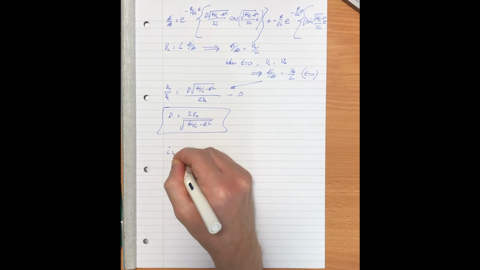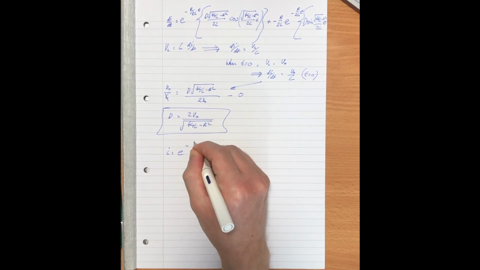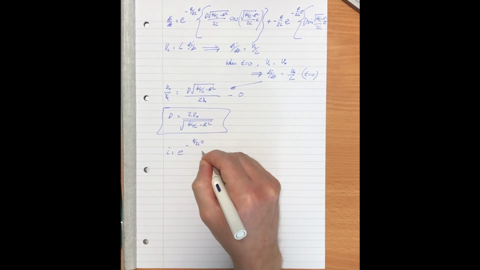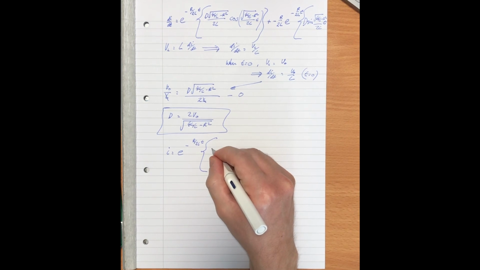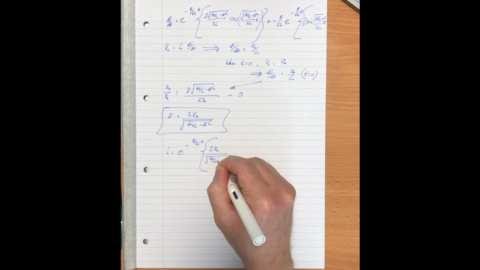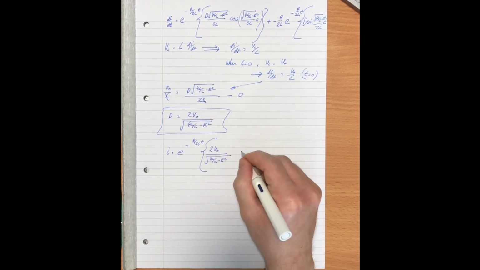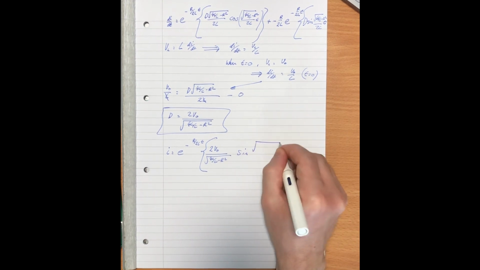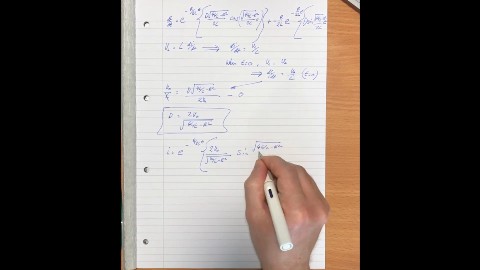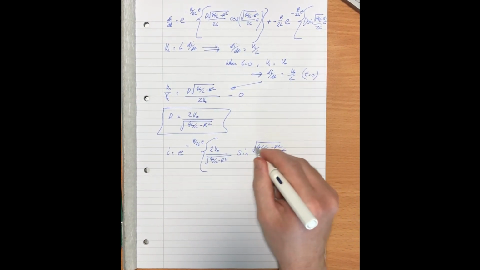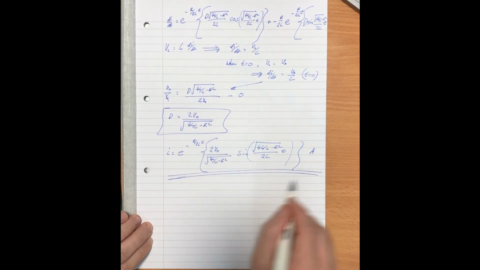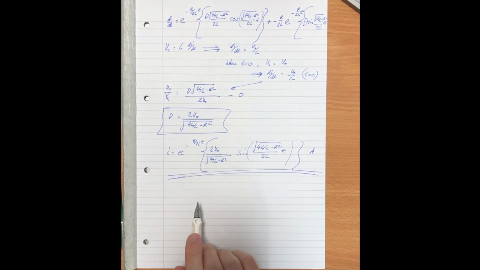So we can now say that I equals e to the minus R on 2L t, D, which is now 2V naught on root 4L on C minus R squared, sine root 4L on C minus R squared on 2L t, amps. And that should be our final solution, which we'll check on MATLAB now.